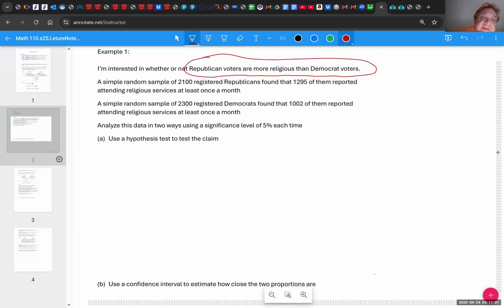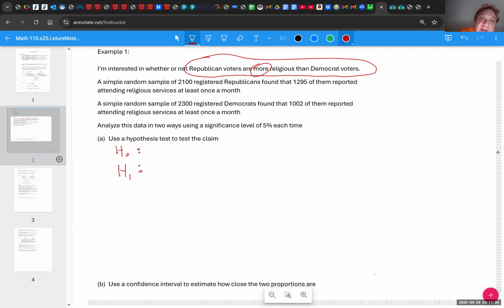So for our hypothesis test, we're going to have an H0 and an H1. H0 is always an equality statement. So even though we're testing a claim with a "more" word in there, the null hypothesis is always equal. So basically the equality is that they're the same.